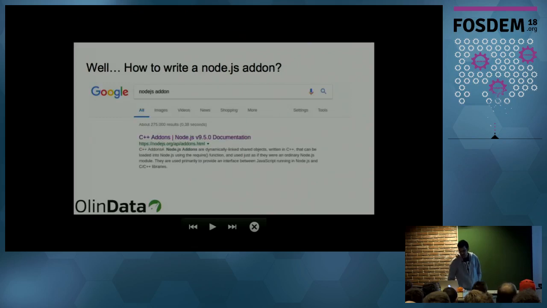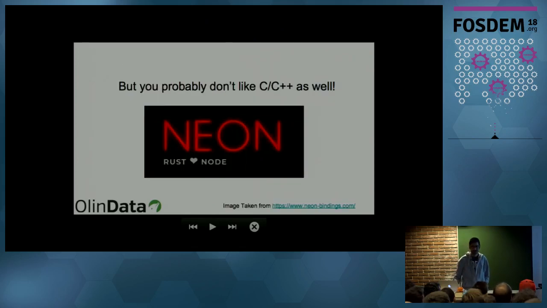All right, so how to write a Node.js add-on? Well, I searched it, and C++ shows up. Not a fan. And I hope you are not a fan of C++, because this is a Rust room. So I found Neon. Neon is a project to bring Rust and Node.js closer. Well, it helps you to write bindings.